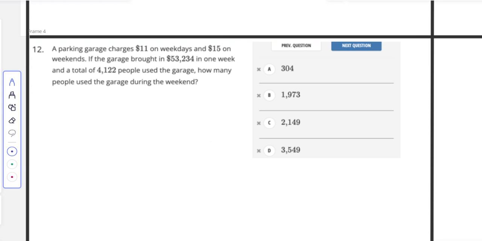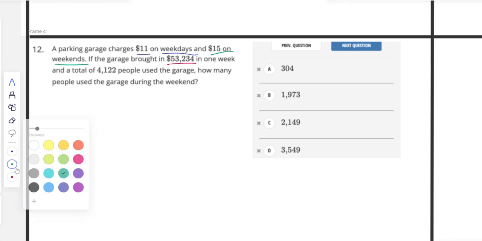So let's go over the parking garage question. A parking garage charges $11 on weekdays and $15 on weekends. If the garage brought in $53,234 in 1 week, wow, and 4,122 people used the garage, how many people use the garage during the weekend?